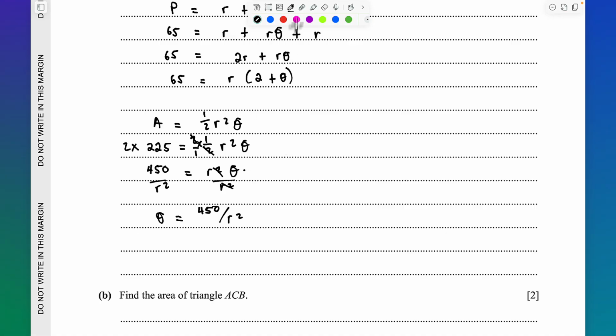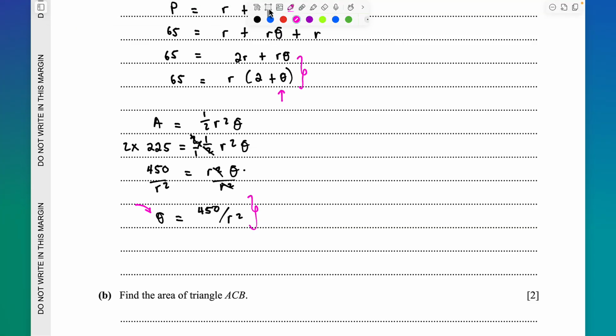We've got the equation that we came up with when we were using perimeter, and the equation that came from area. Now, with two equations and two unknowns, you have to use simultaneous equations. And since we have a squared, it's a matter of plugging and playing. This is going to turn into a whole quadratic equation and so on. Whichever route you decide to take, whether you isolate r and put that r into this equation, or you do what I'm about to do, where I isolate theta and put that theta into here, you should come up to the same answer.